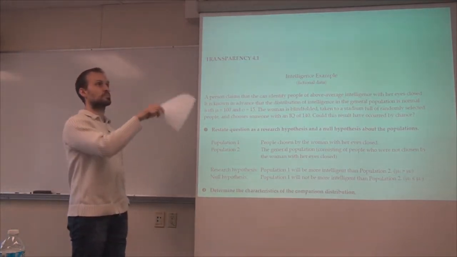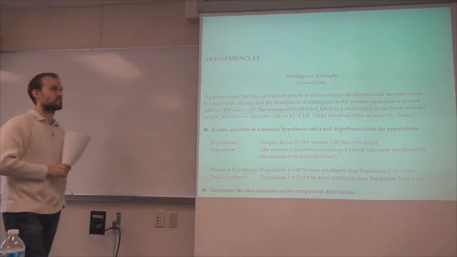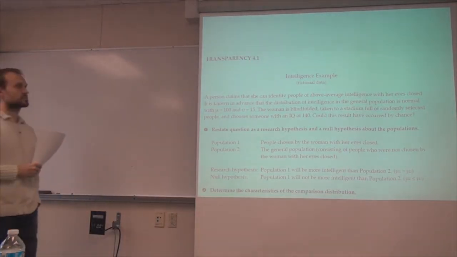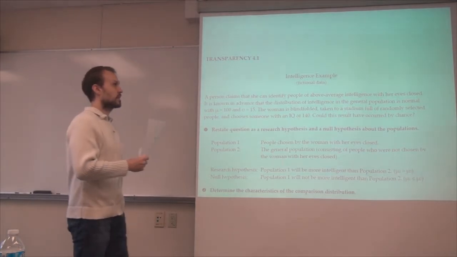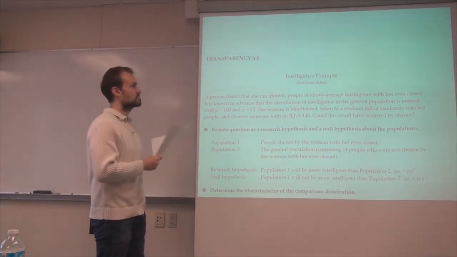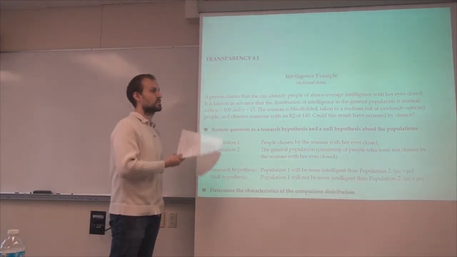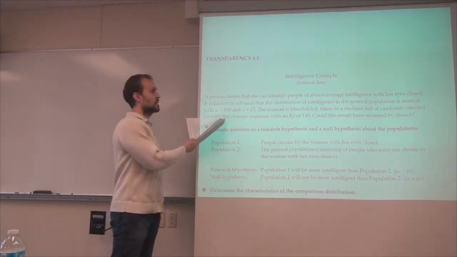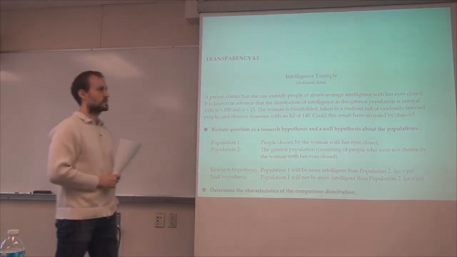She can just walk up to a person and pick one that has above average intelligence. Now, I'm looking at the population of all people, and I know that when it comes to their intelligence, measured by IQ scores, the average IQ score of people in my population is 100, standard deviation is 15.